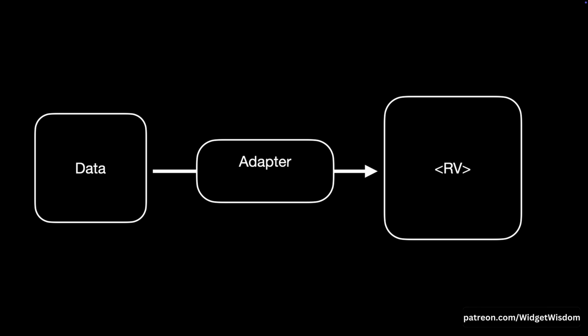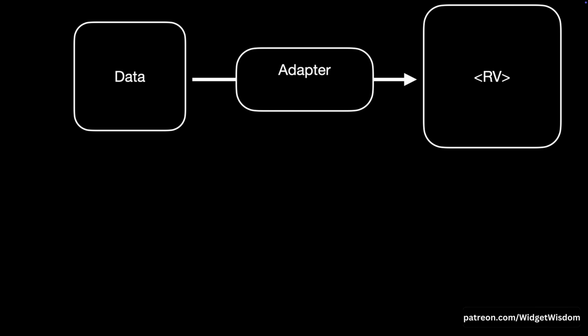Now you can ask, what is this adapter thing? Basically what the adapter does is take a single item from the data and put it as a row inside our RecyclerView. Listen to me again. This adapter is going to take a single entry from the data and put a single item as a row inside our RecyclerView.